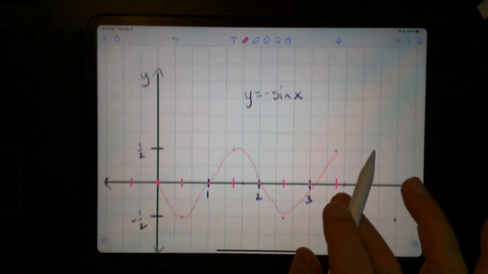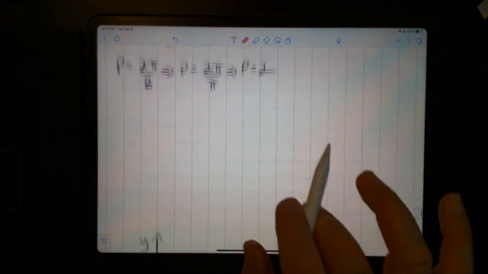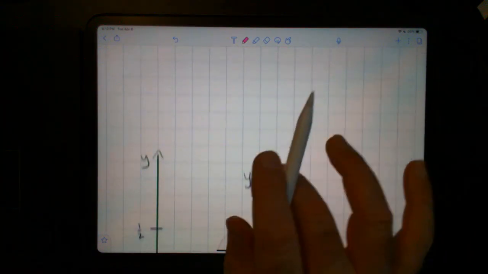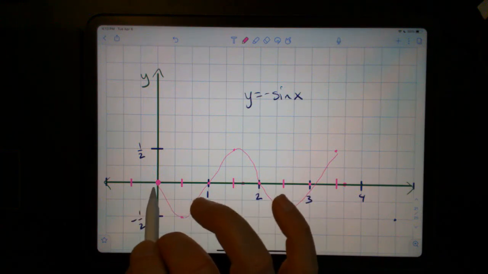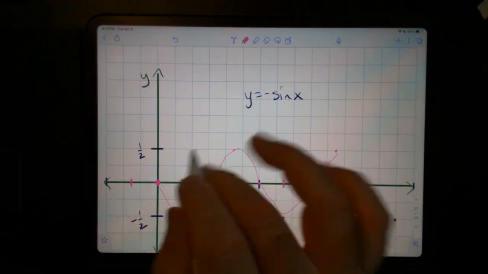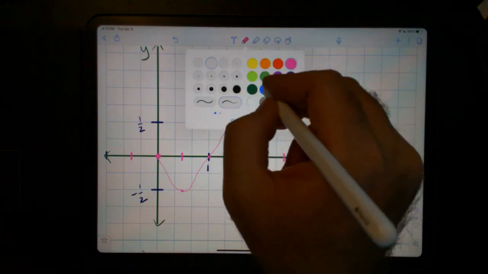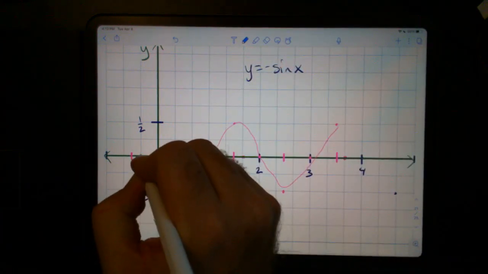Okay, and since it's being shifted to the left pi over 3 units, this dot is going to go here.